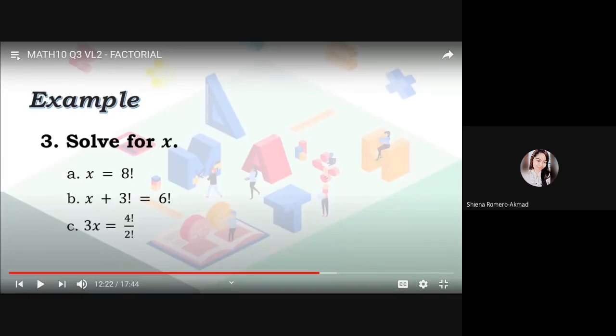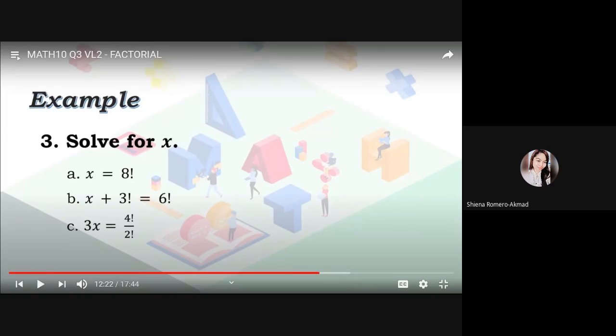Ano pong value ng x sa number 1? Sabi sa letter A, x is equal to 8 factorial. Yes, Ambas? 40,320. How about letter B?